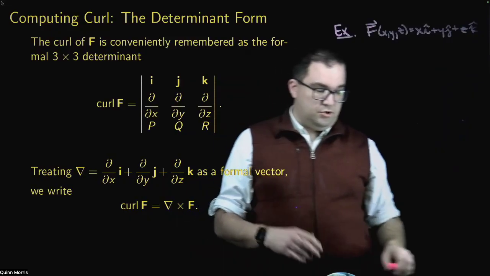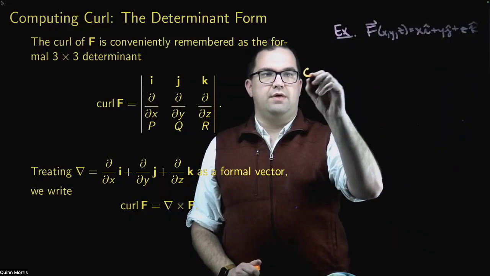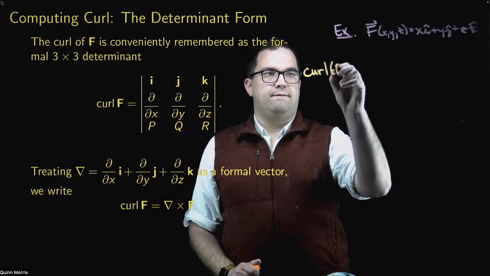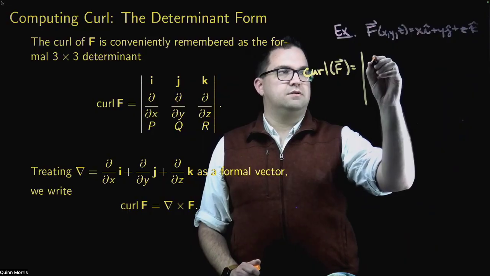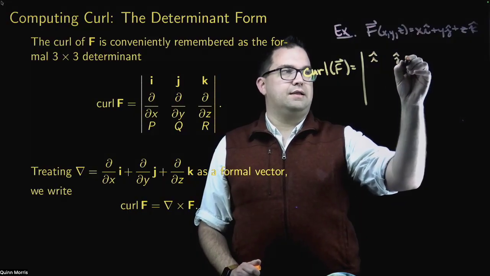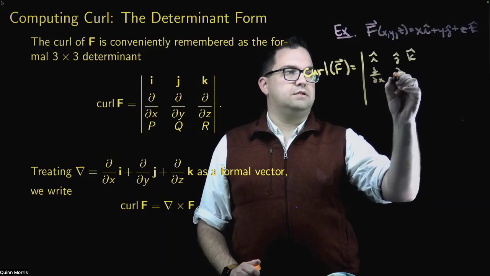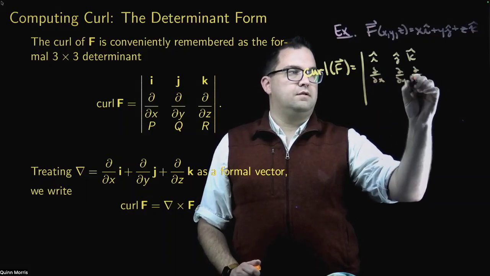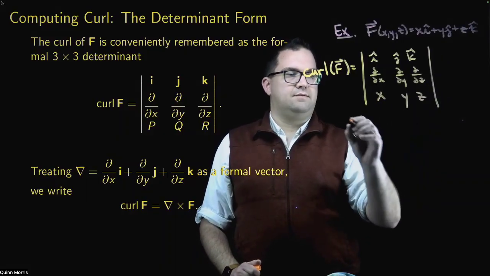So if you just wanted to compute the curl of that, a really straightforward way to do that is to say, okay, this is i, j, k, d/dx, d/dy, d/dz, and then just x, y, z.